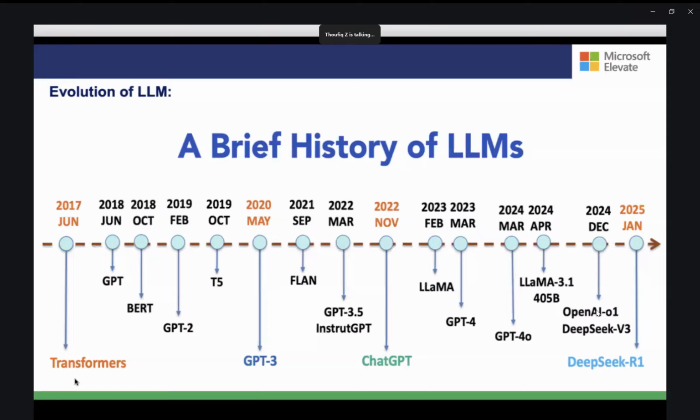Okay, then again in the same year 2018, another thing came called BERT. Okay, so BERT is again also one of the transformer models. You can see whenever a T is coming at the last, that means it is also one of the transformers. Okay, so BERT stands for Bidirectional Encoder Representations from Transformers. Now it was developed by Google. See, GPT was developed by OpenAI, right?